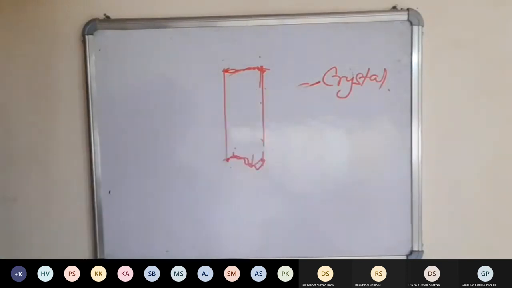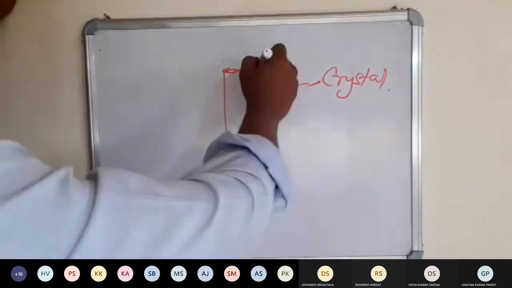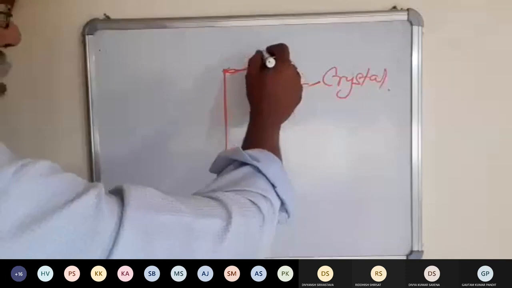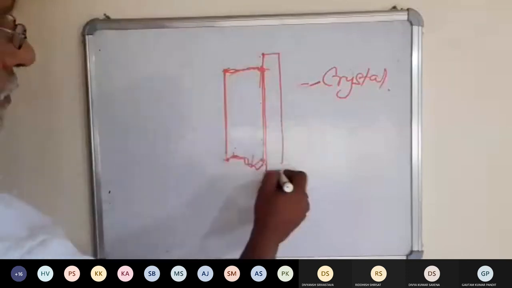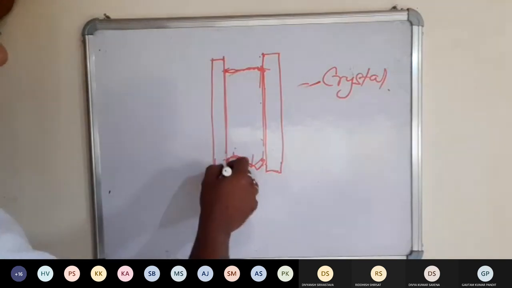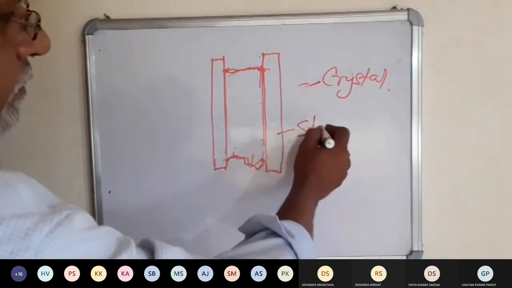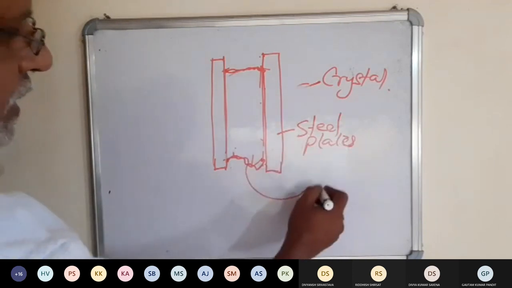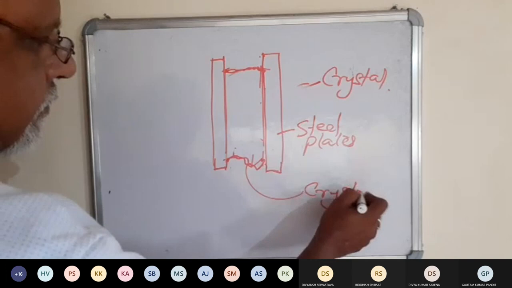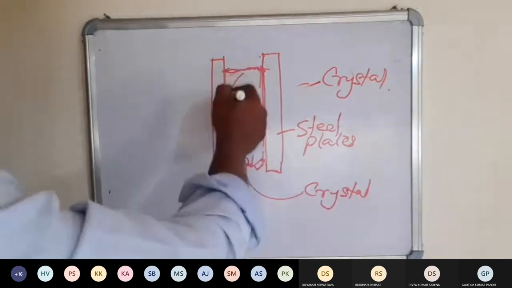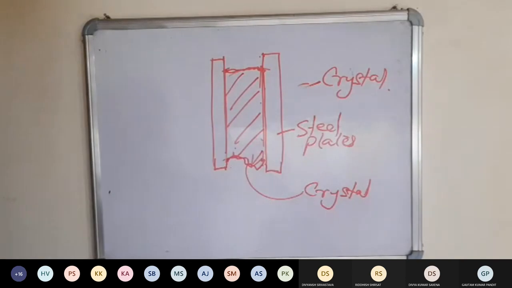What is observed here, what the principle that it uses is that when this crystal is sandwiched between two steel plates, these are the steel plates, and this one is the crystal. There is specific behavior shown by this particular crystal.